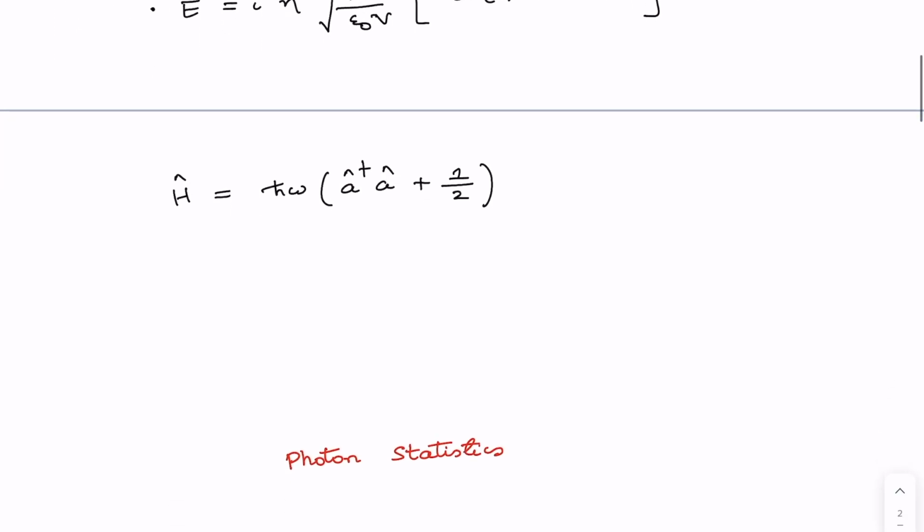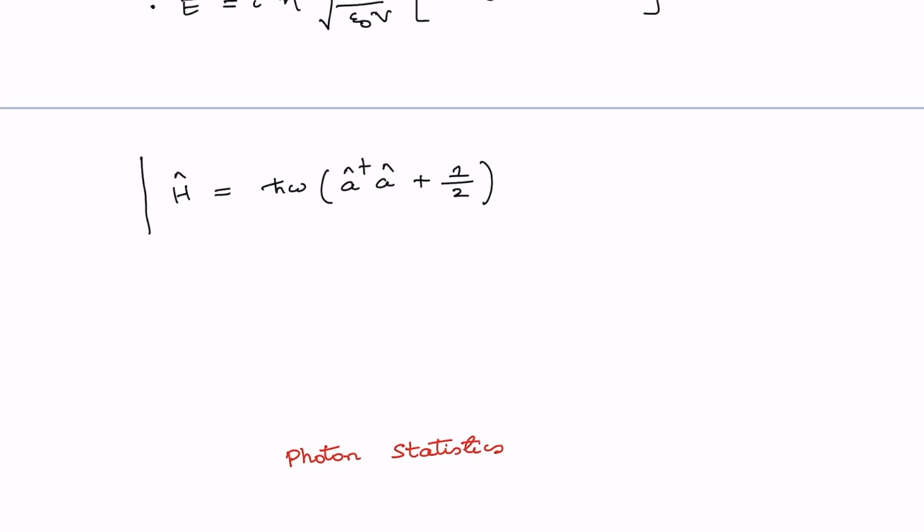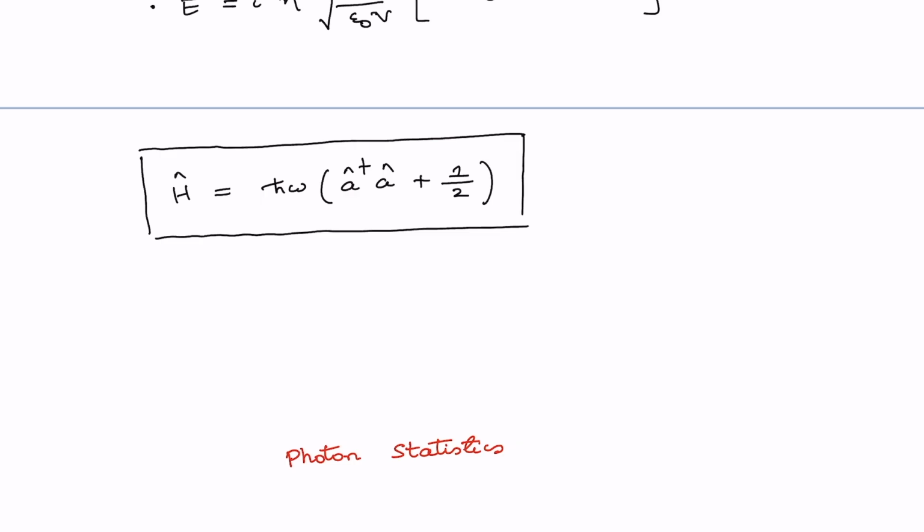Ultimately what we found is that the photon behaves like a harmonic oscillator. So this is the key result: when quantized, an electromagnetic field behaves like a harmonic oscillator, and its Hamiltonian exactly looks like the so-called linear harmonic oscillator Hamiltonian that we encounter in a quantum mechanics course.